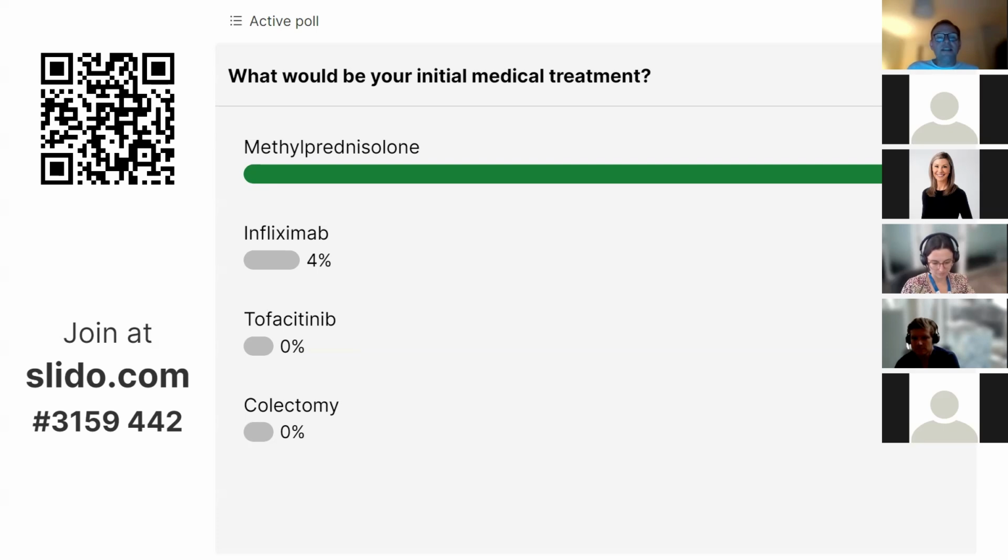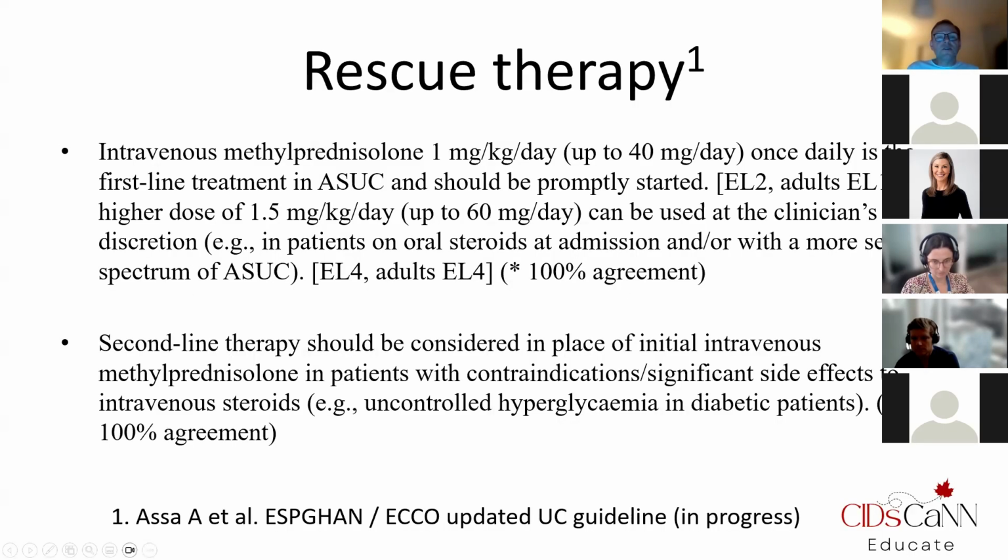Next slide. So these are, and I have a few of these in the talk, the upcoming, yet to be published latest version of the ECCO and ESPGHAN UC guidelines. So this is the 3rd time that they'll be published.